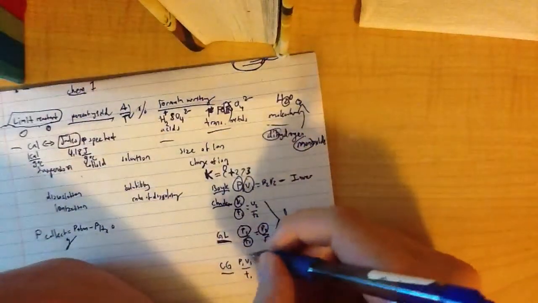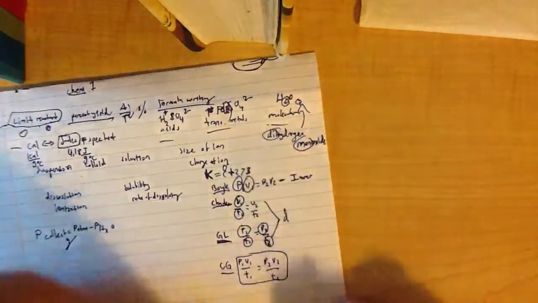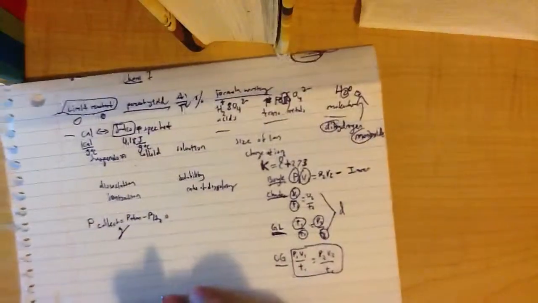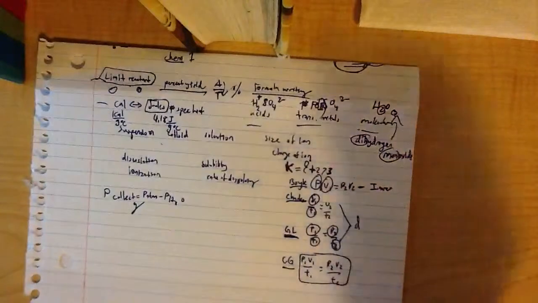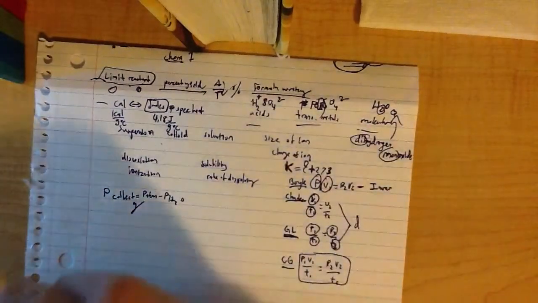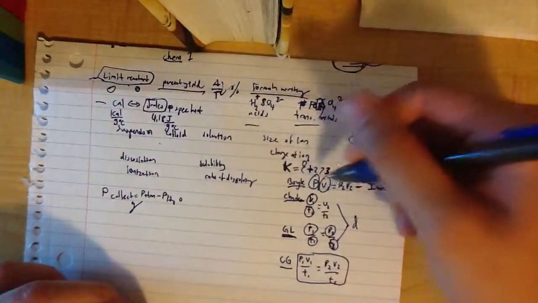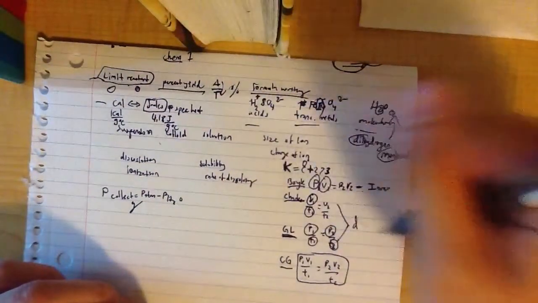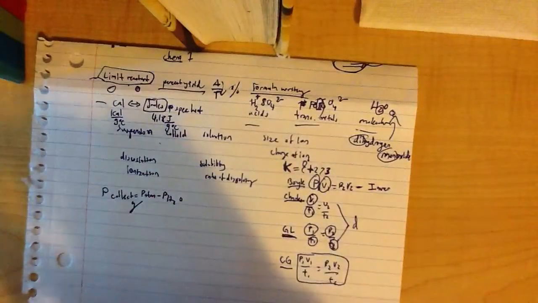Then we got the combined gas law, and that just combines it all, and it applies everything, pressure, volume, and temperature. Use that if you have 2 or more missing variables and you can't solve it using one of these 3. So it's basically it.